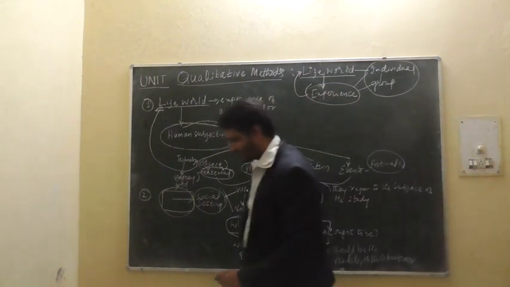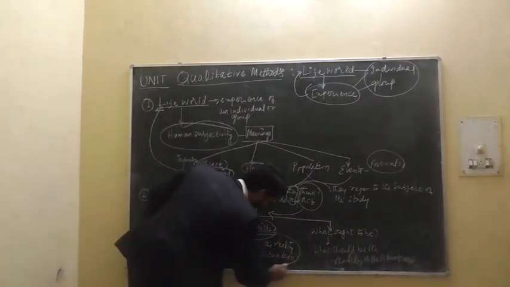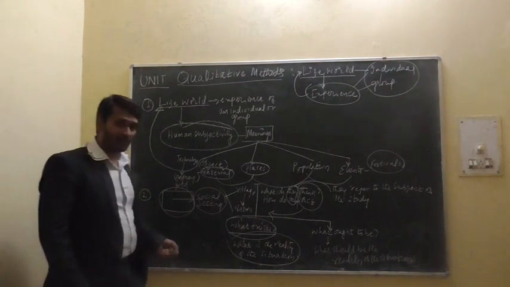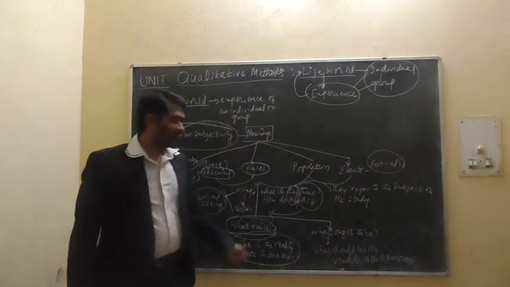That means, as a researcher, as an investigator, we are only trying to understand what is ongoing, how the situation provides. So we are not engaged in, for instance, what should be the reality of the situation.